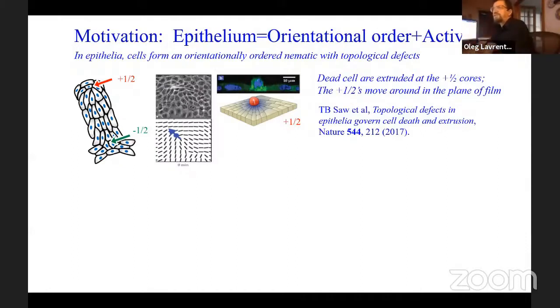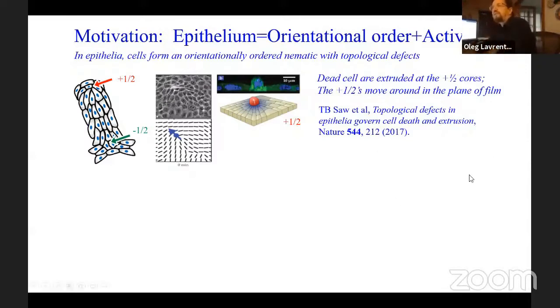This slide shows a more concrete example. It's an epithelium, something that is involved in the structure of our skin. And the recent work published in Nature about 3 years ago demonstrated that, in fact, the structure of epithelium is identical to that of the so-called nematic liquid crystal.